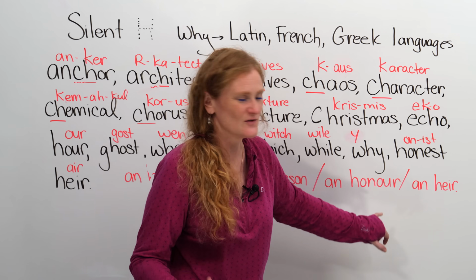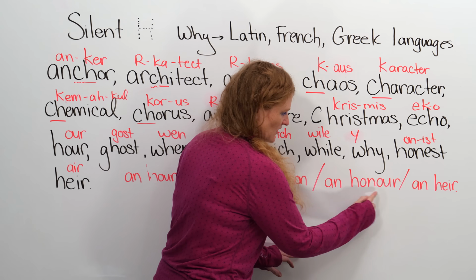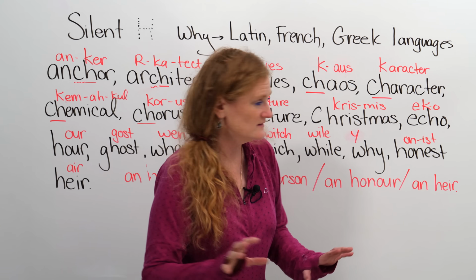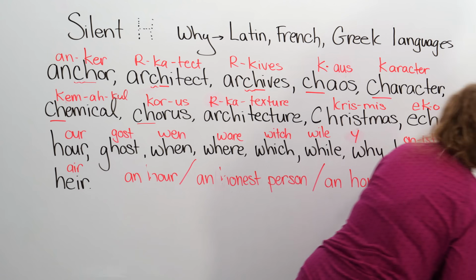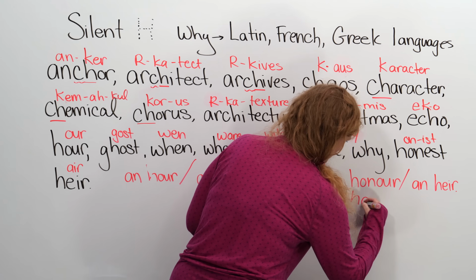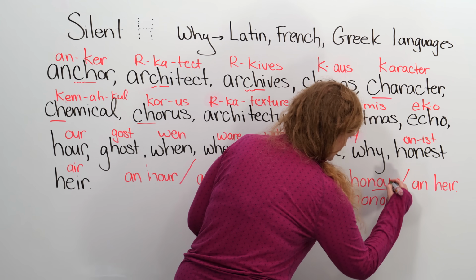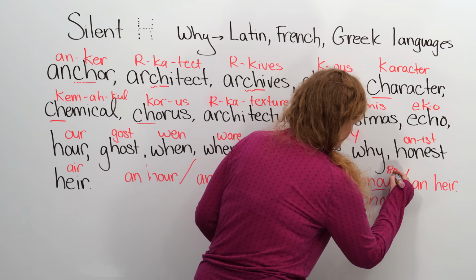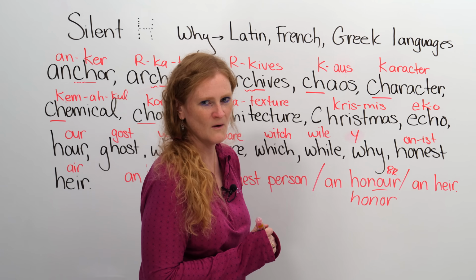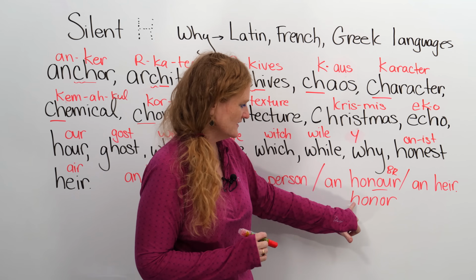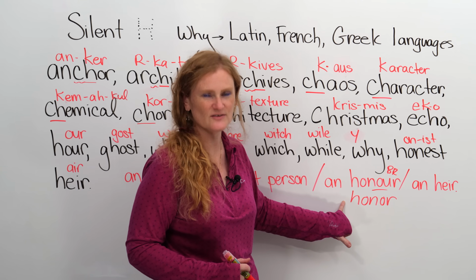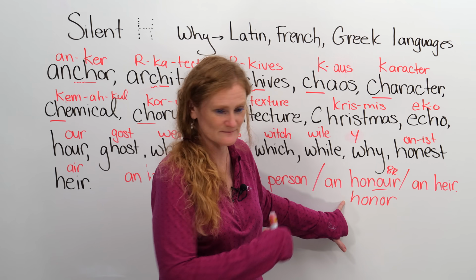Now, to make it more difficult for you, we say honor. Now, American English, they're going to put easier. Oh, American English is better. Honor. So, British English and Canadian English, we like to add the extra U. And American English, they take out the U's. Thank you. I like this better.